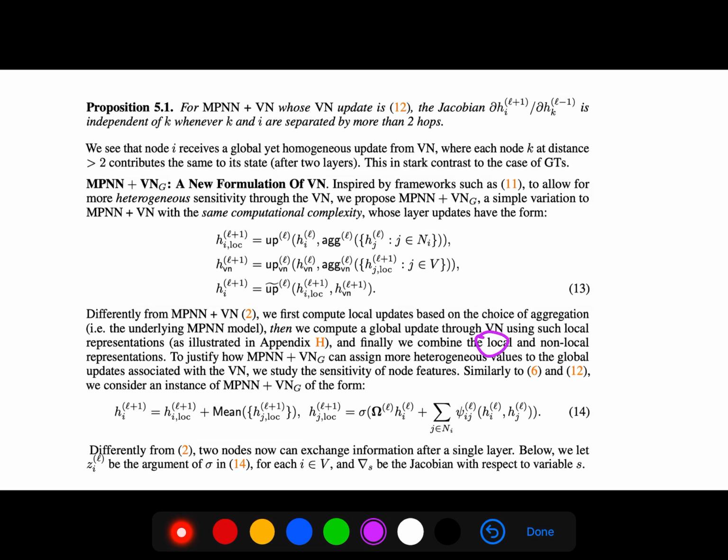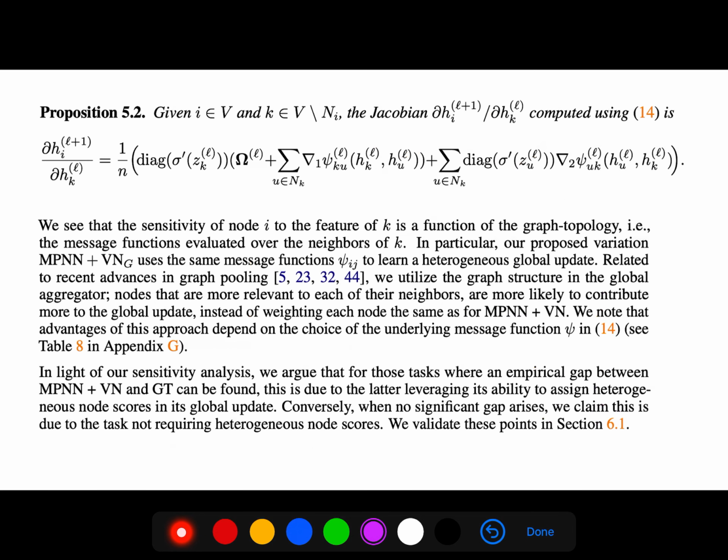So we combine the local and non-local representations. And this Jacobian, we have seen this in several papers about oversquashing and oversmoothing. So it's a very important measure.